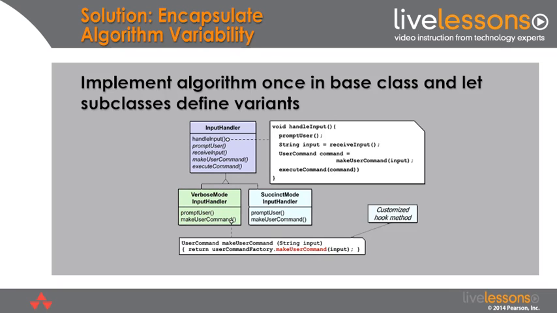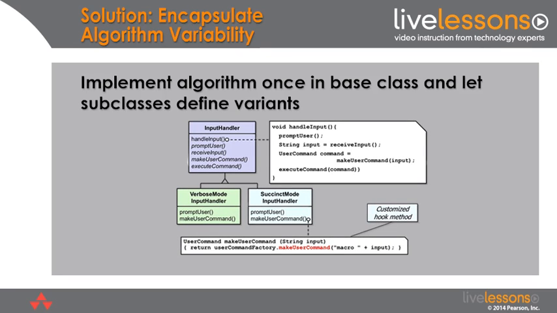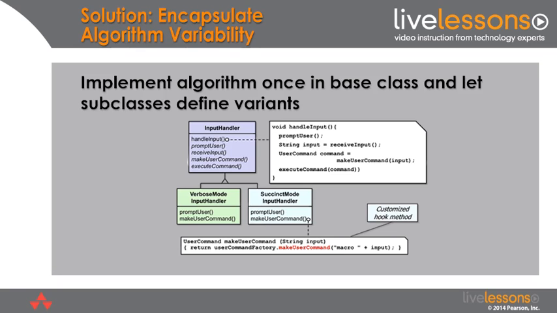For example, verbose mode simply has the make user command factory method called directly down to the user command factory's make user command method, passing along the input. So not much going on there. In contrast, the succinct mode input handler does something a little different. It goes ahead and prepends the string macro before the input, and that's used as an instruction to the user command factory to make a macro command, which combines multiple commands, as we've talked about in previous pattern discussions.